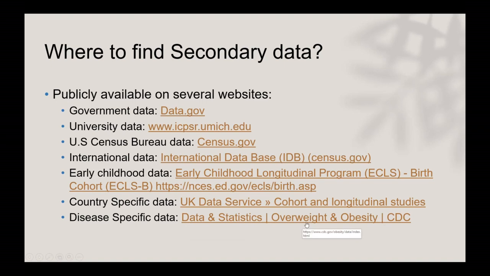Here I'm just giving you one example of disease specific data, which is overweight and obesity. I'm particularly mentioning this example because overweight and obesity is projected to be an epidemic in the United States in the next 10 years, by 2030. If you're interested, you may want to check out what this data looks like and how it is collected.